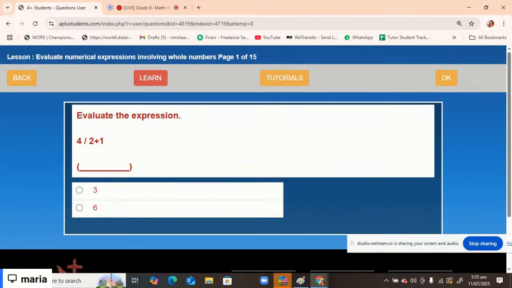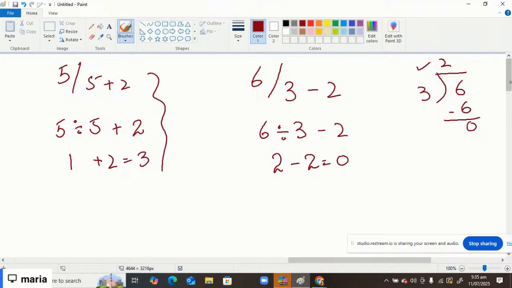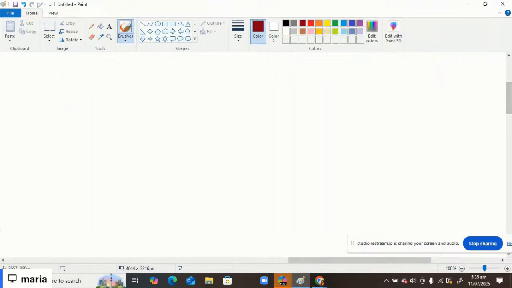4 divided by 2 plus 1. Now what is the answer?